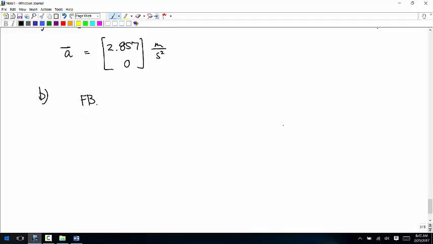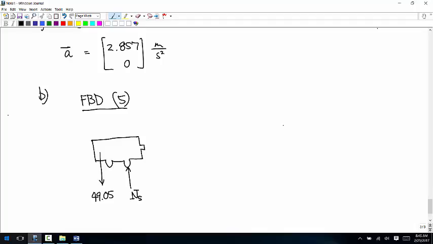But a free body diagram of the 5 looks like this. You have the weight of 5 times 9.81, 49.05. You have the pushing contact, N5.